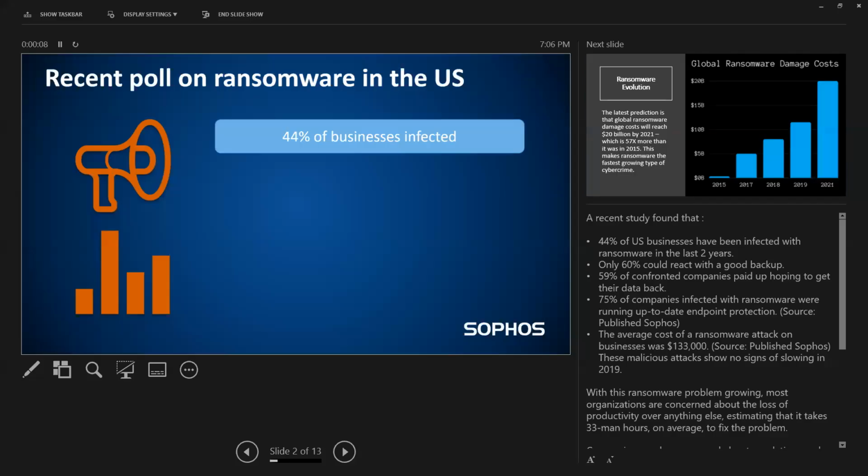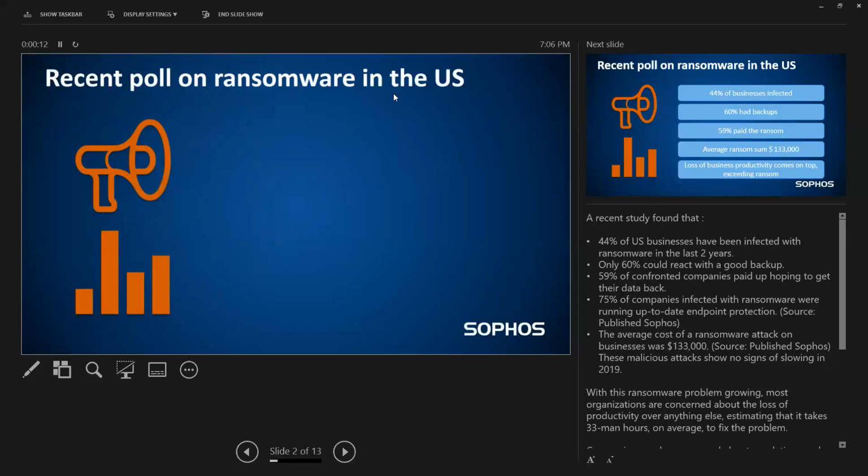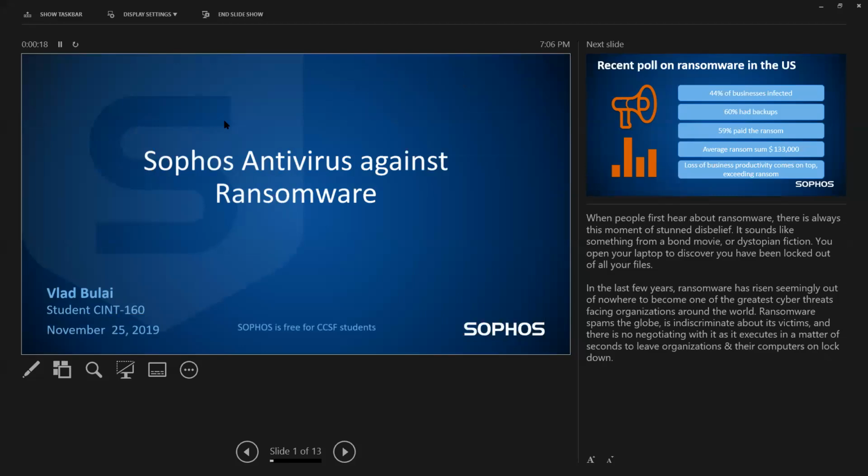Okay. All right, so I'd like to talk about Sophos against ransomware. I think we brought it up in one of our classes a few classes back, and I decided to give it a try and see how it works. I'd like to show a couple of recent researches.